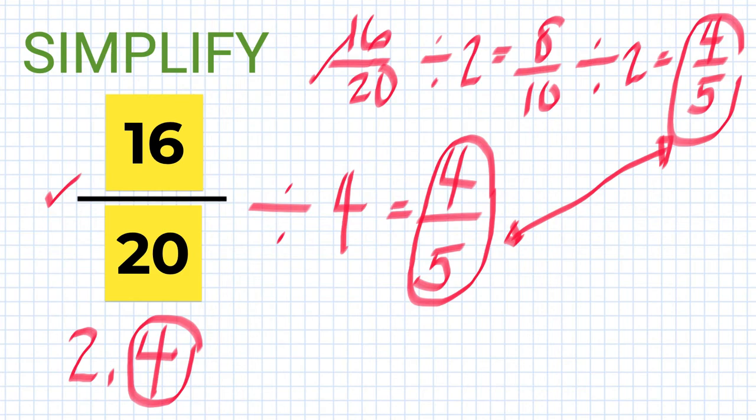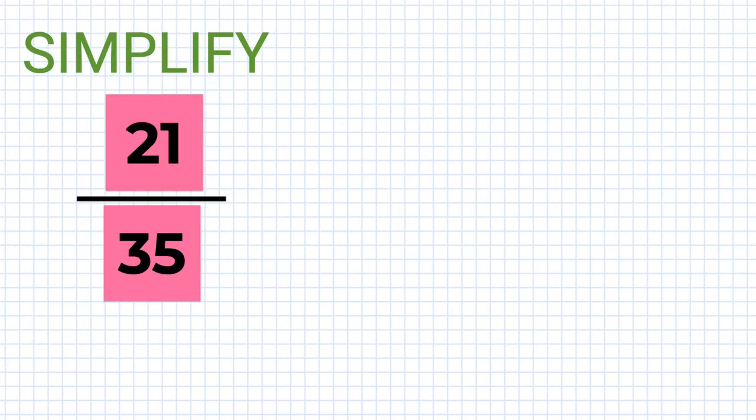Okay, now let's try another one. What do you think is the number that can divide 21 and 35? Okay, that's good. The number is 7. Only 7, because we will not include 1.